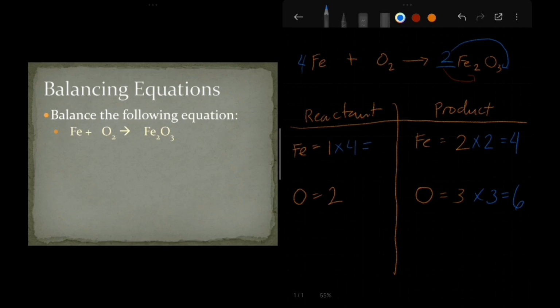So 4 times 1, that will be 4. And then just simply think of a number that when you multiply it will become the same as the product side. Okay? So we can put here 3. So when you multiply that, 3 times 2, that will be 6. So there we have already a balanced equation.